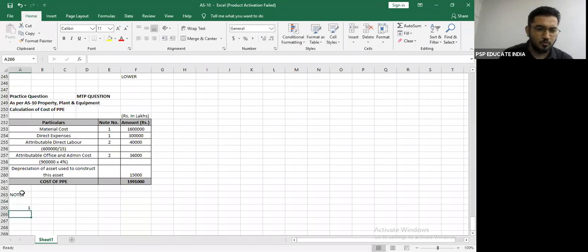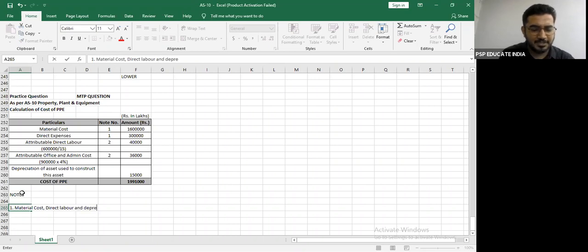Let's prepare the notes. 1, material cost, direct labor and depreciation of an asset used to construct this asset will be added to the cost of PPE.